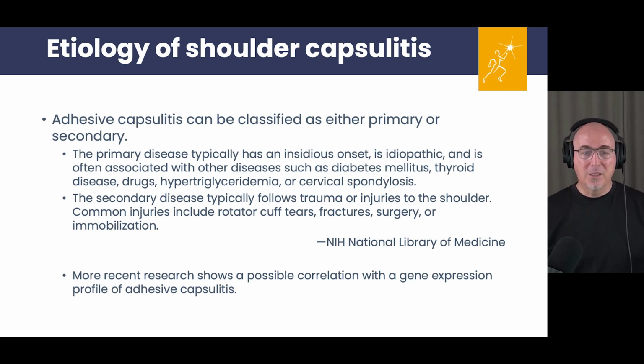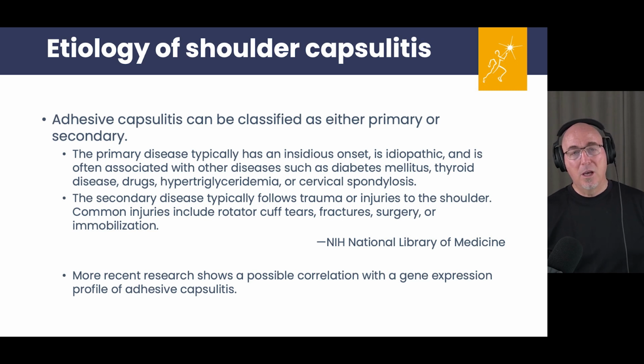The second disease typically follows trauma or injury to the shoulder, sometimes after surgery, fractures, rotator cuff tears, or being immobilized for long periods of time. And there is some more recent research that shows a possibility of a correlation with a gene expression.